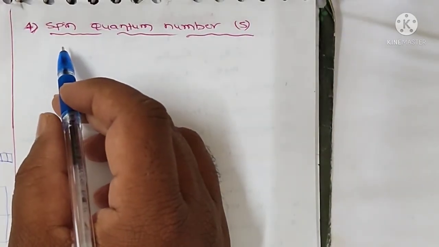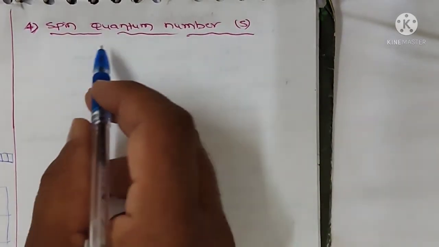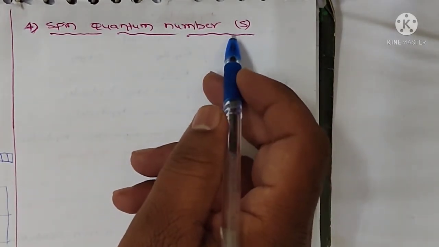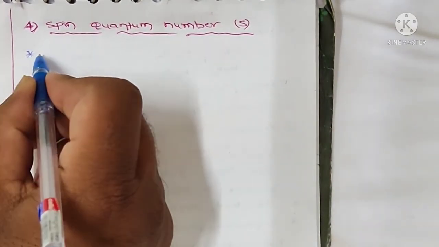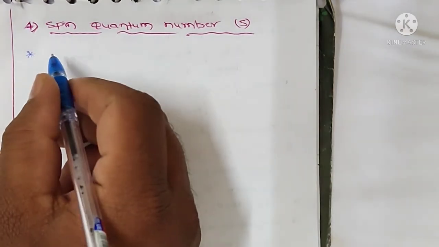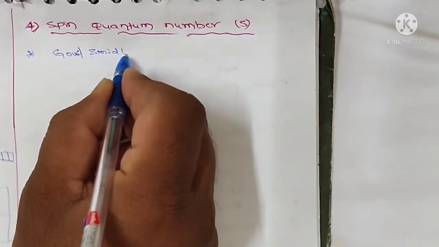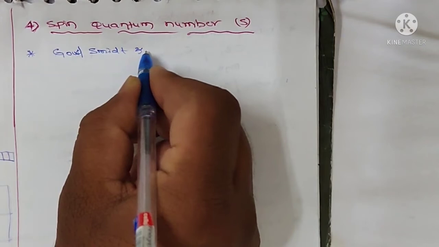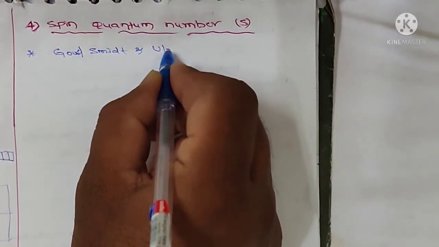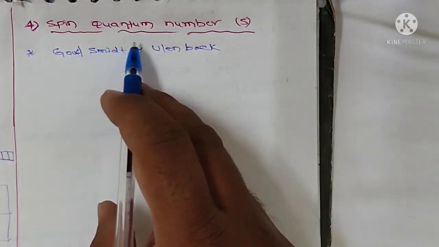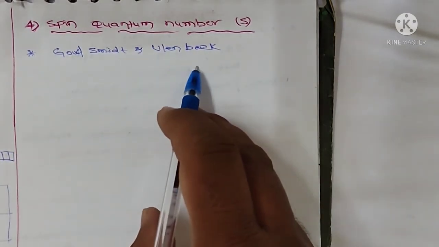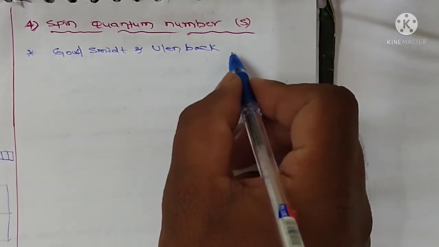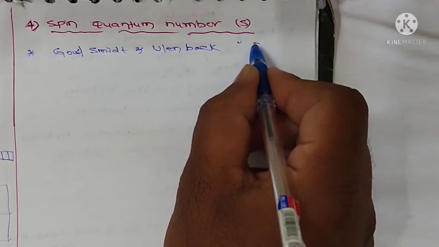Next, the fourth one, the spin quantum number. The spin quantum number is represented by s, and it was proposed by Goudsmit and Uhlenbeck.